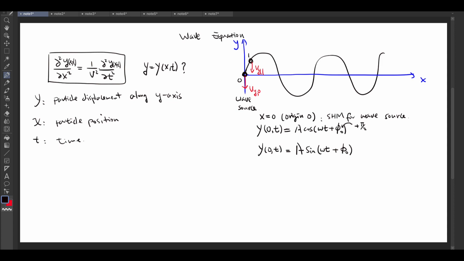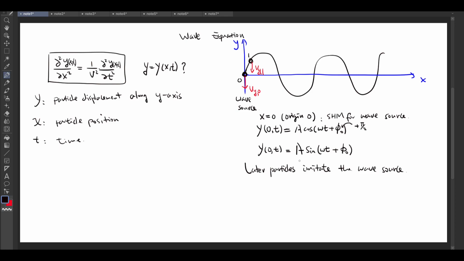And there is a sine function representing this particle's motion, and then all the later particles are going to imitate the wave source by doing the same kind of simple harmonic oscillation.